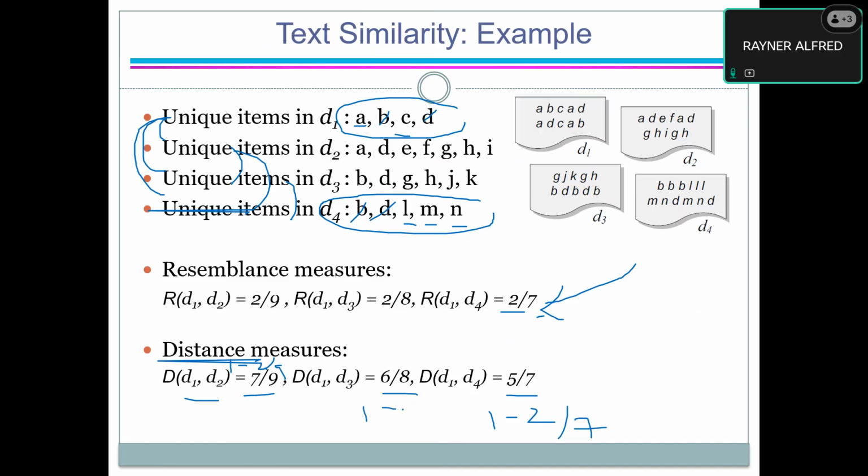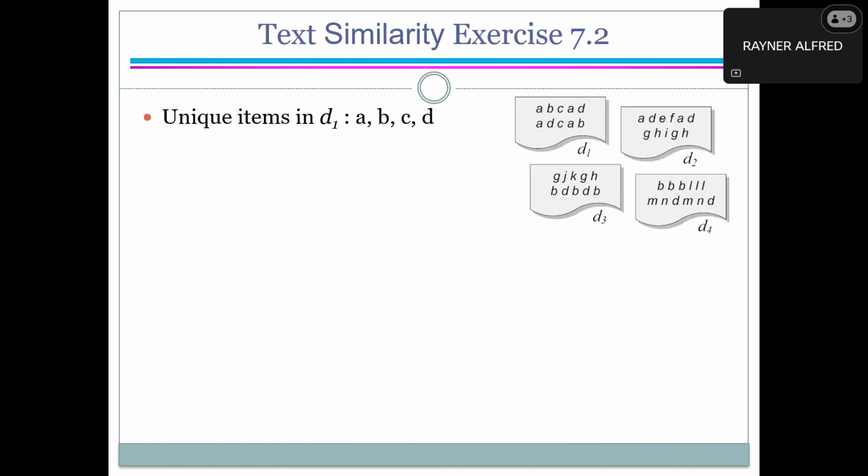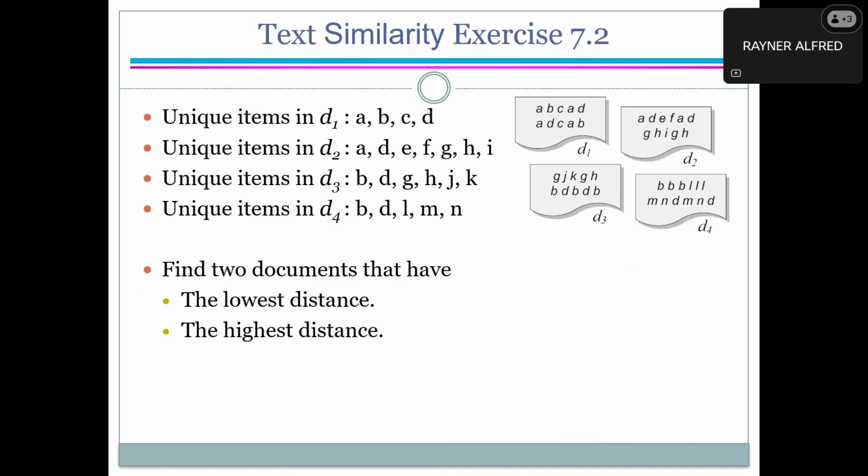This is 1 minus 2/2. So this is how we compute the distance between your documents. So this is some of the exercise. So maybe you can run through this one.